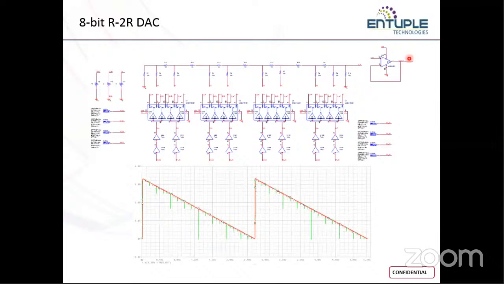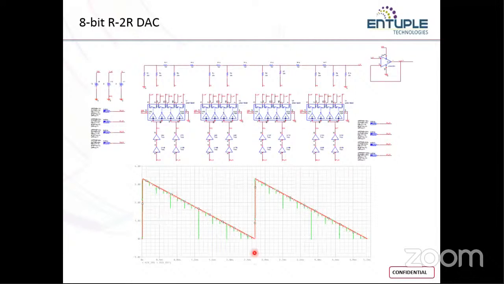We are using an amplifier in order to measure the output voltage. And here we give inputs at different frequencies. For an 8-bit, we are going to have 256 steps, right? So that is what we have here, and it is going to count down, 256 down to 0.